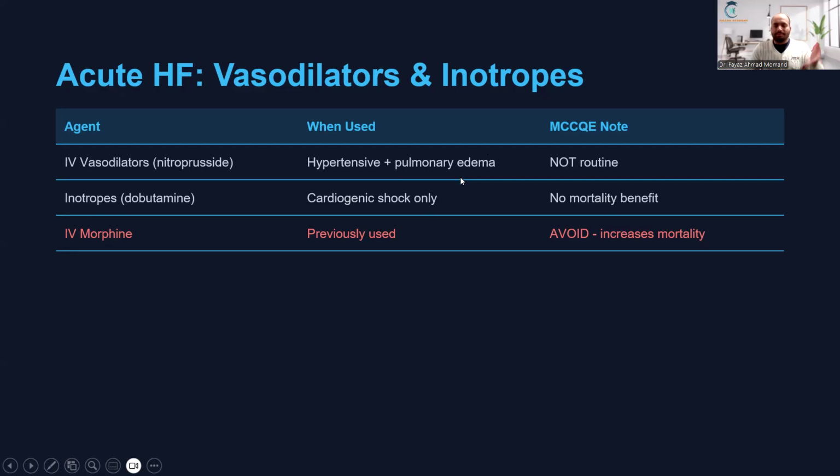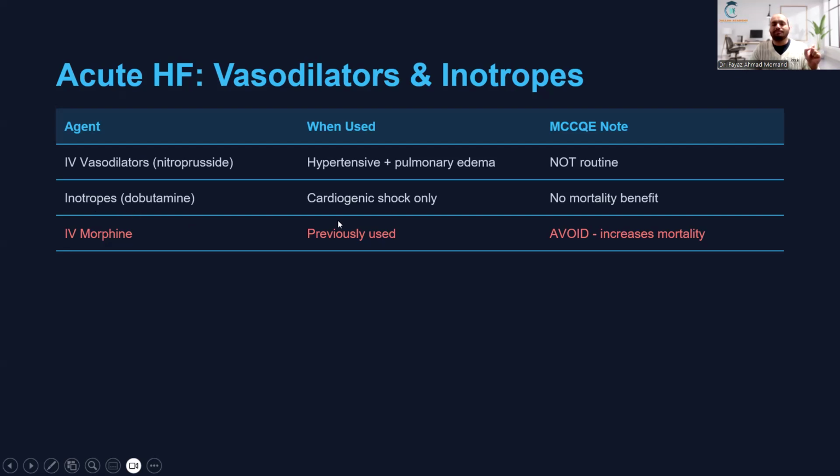So think of pulmonary edema if bilateral crackles are present in a patient who is old with poorly controlled hypertension, or someone who is obese and has sleep apnea. If the patient has hypertension and pulmonary edema, we use vasodilators such as nitroprusside. Routinely, it's not used. Routinely, we go with furosemide or diuretics.